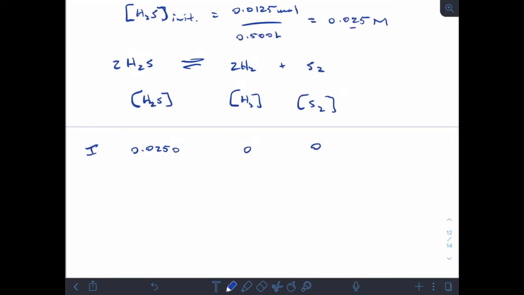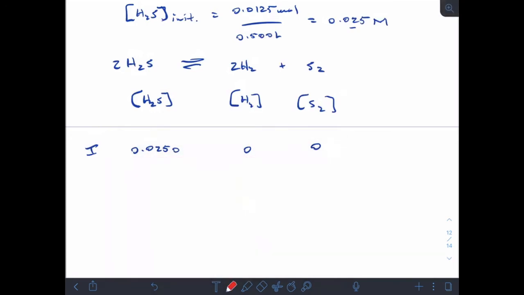Okay, so I could calculate a Q. I'll find that my numerator for Q will be 0. So Q is 0. K is greater than Q. The reaction will go right. Additionally, the idea that I don't have any products yet guarantees that I'm going to the right.